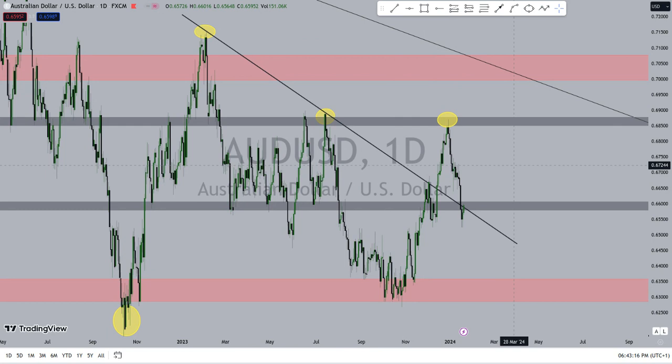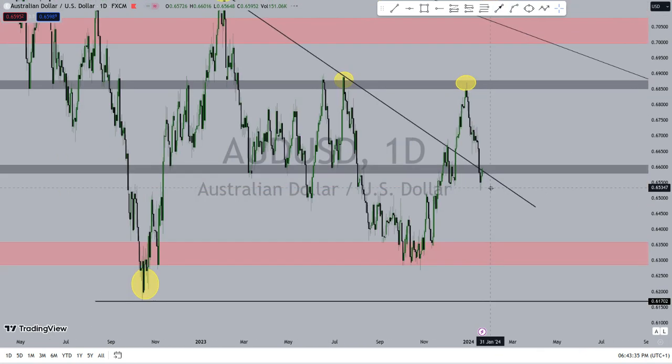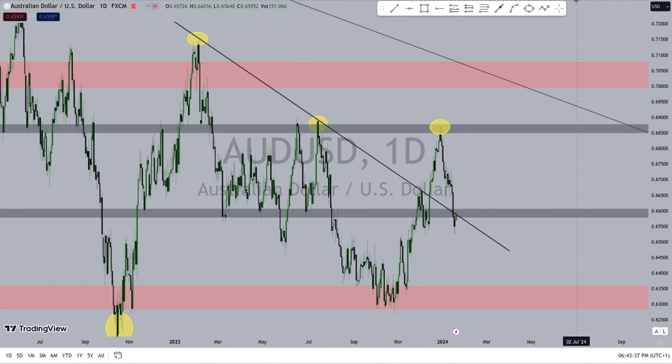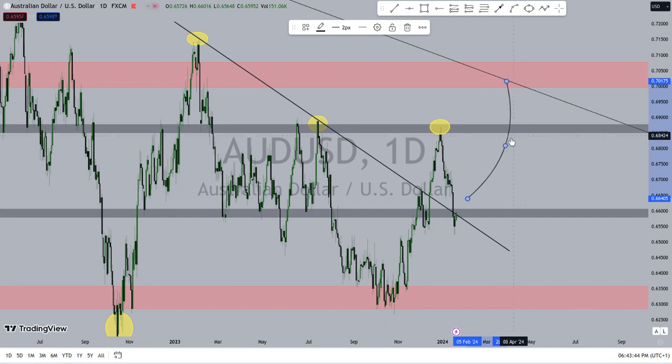So guys, on AUD USD, I'm having a double mindset due to the fact that price broke this major trend line. I was expecting price to come and give us a bullish momentum to the upside. What about this region, to come test this level?